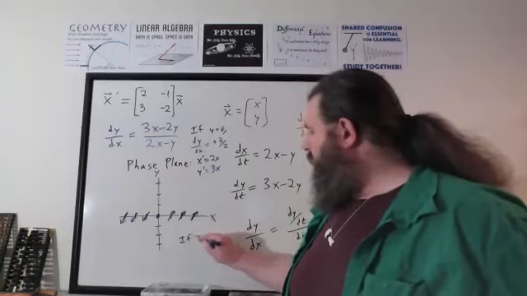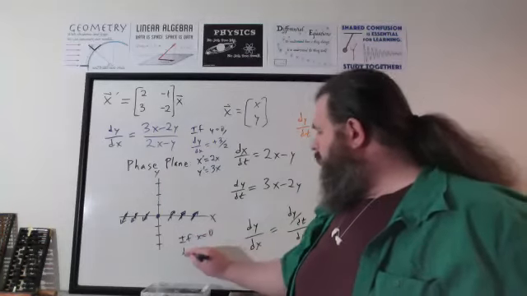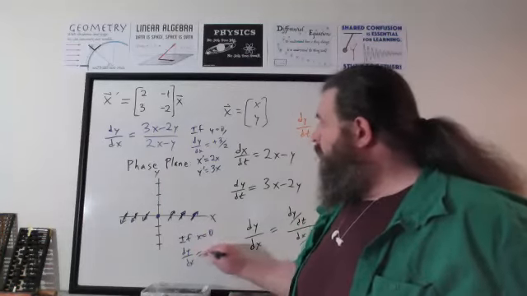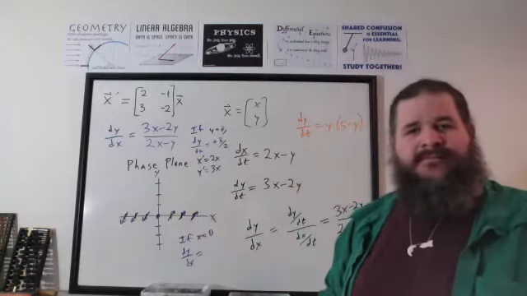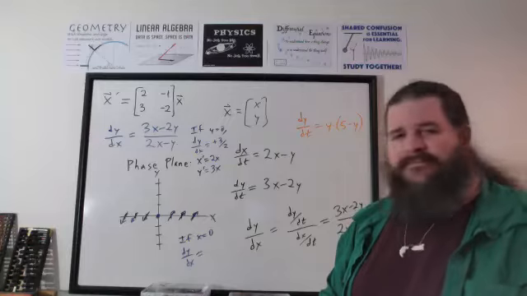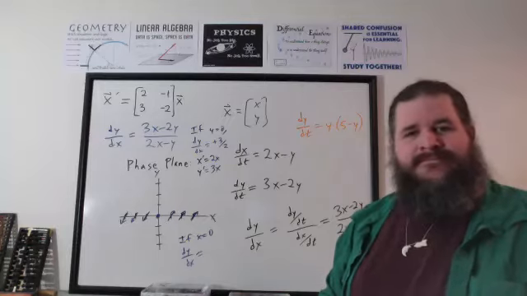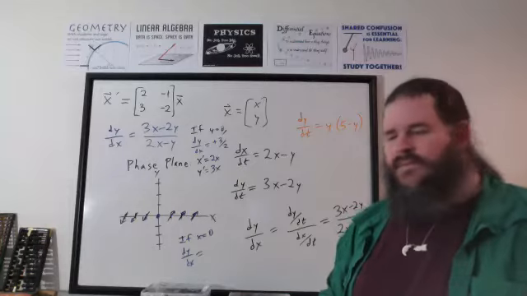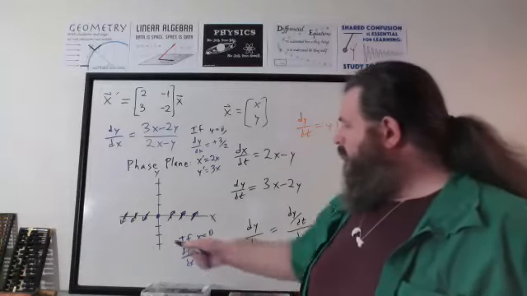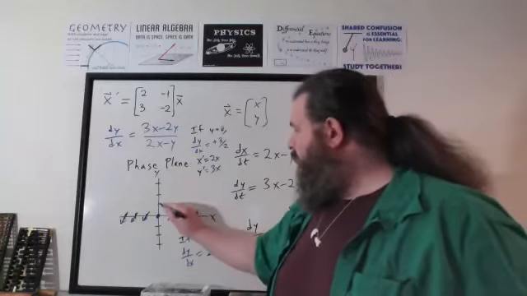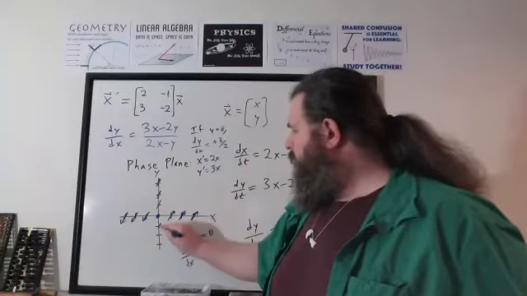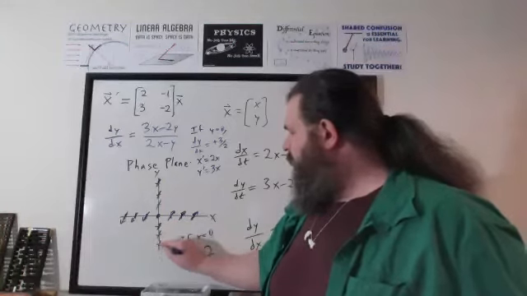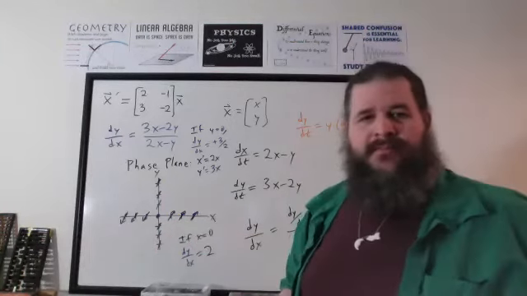We could say if x equals 0, then dy over dx equals, what does this reduce to if x is 0? Yeah, it's going to be 2. So every point on the y-axis is going to have slope 2. So positive slope and a little bit steeper than these ones.